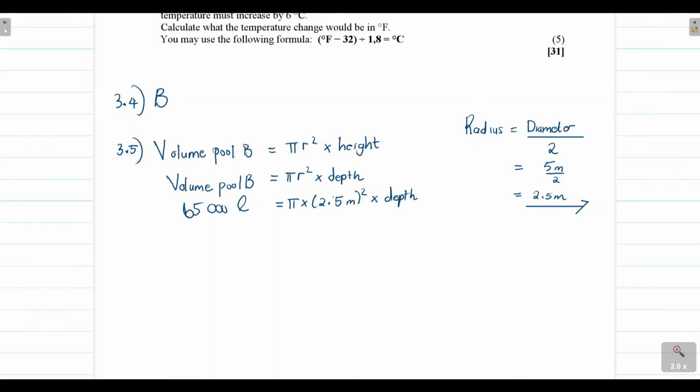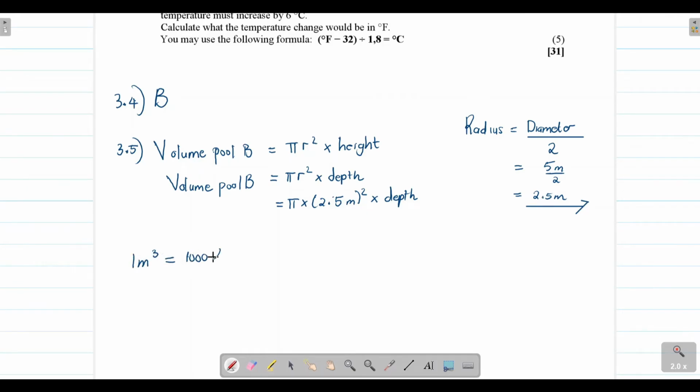So this is where most people are probably going to get this question incorrect, because you need to ensure that your units are correct. You have meters, so your units need to be in meters, not liters and meters. So in this case, we need to convert the 65,000 liters into meters cubed. We know 1 meter cubed is equal to 1,000 liters.